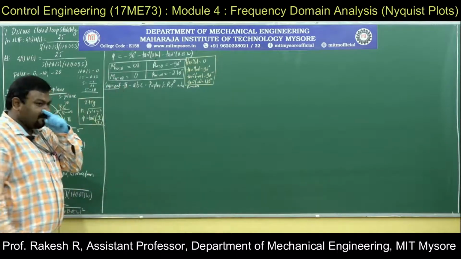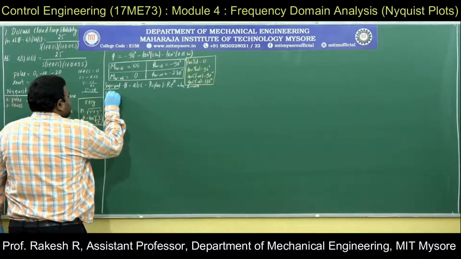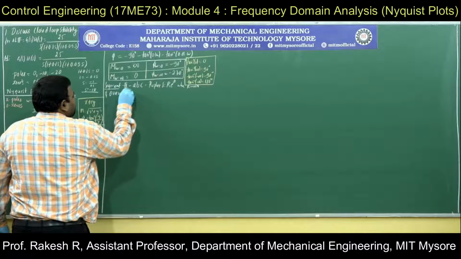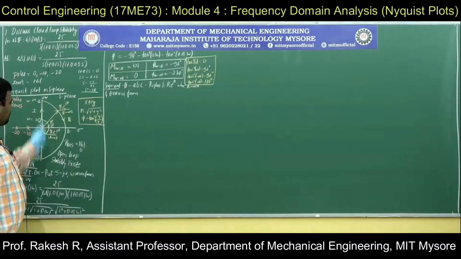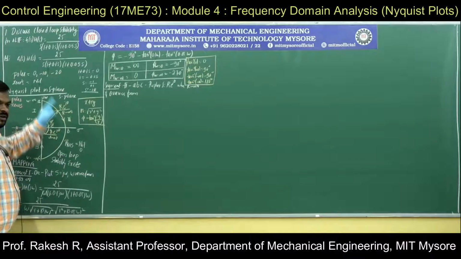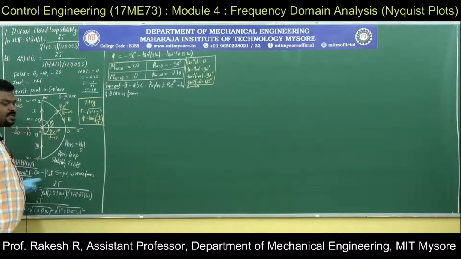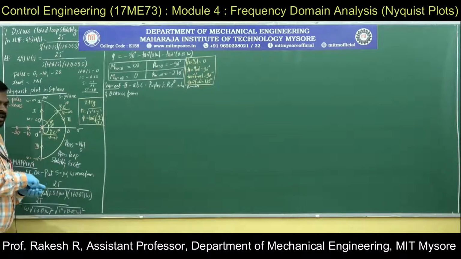That is the limit of r will go up to infinity, and theta varies from. So I need to obtain what is the theta here. So it is going in counterclockwise direction. No, it is going in clockwise direction. You have to locate the angle.